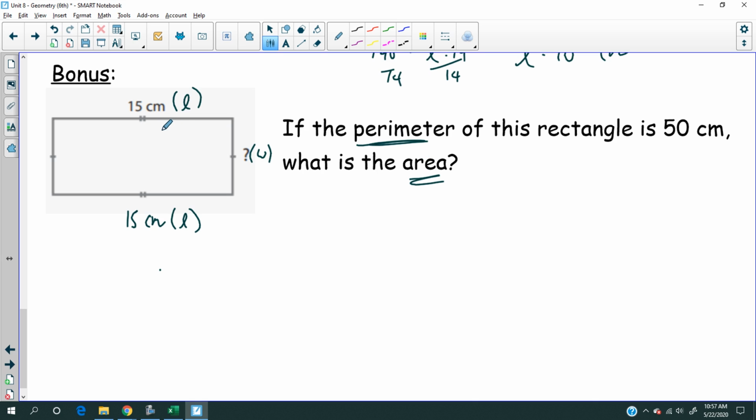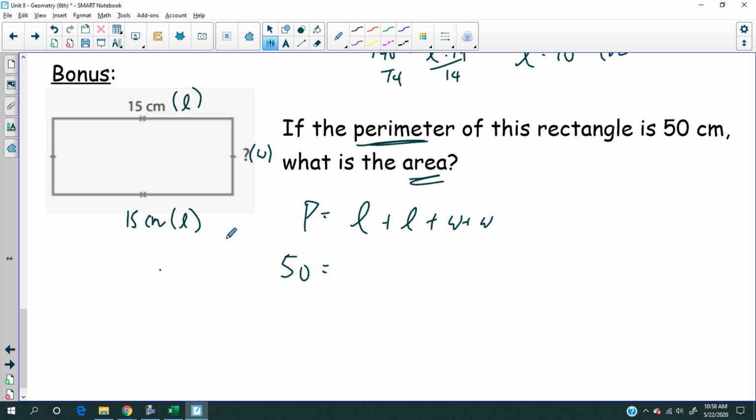So think of it like this. How do you find the perimeter again? Yeah, you add the lengths, and then you add the 2 widths, right? Now, knowing that, the perimeter is already 50, because I told you that.